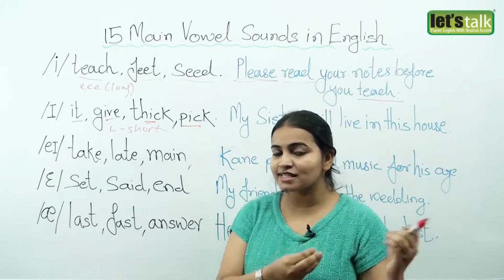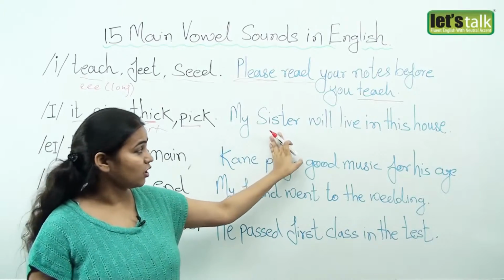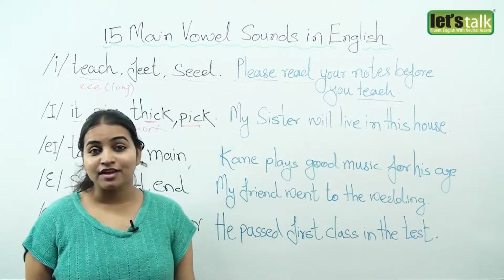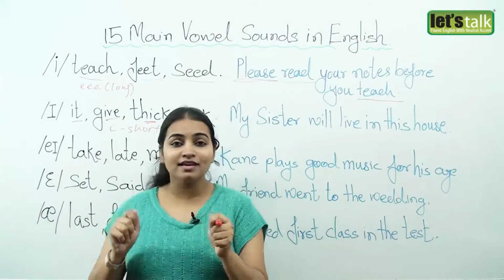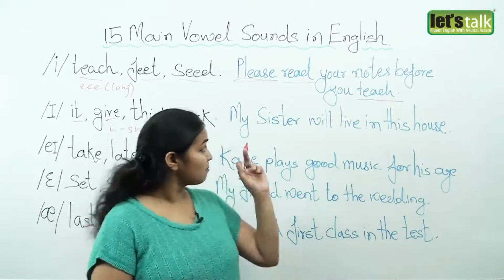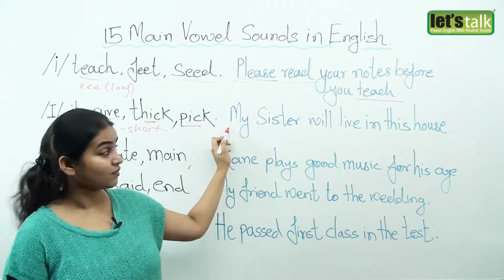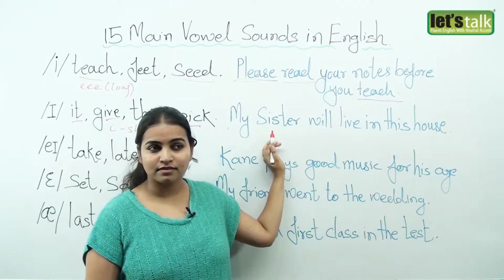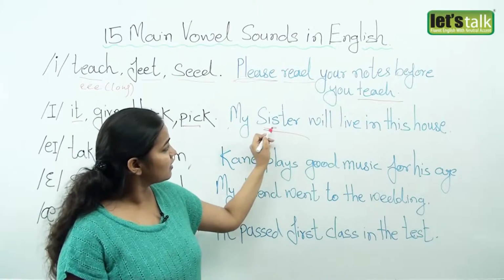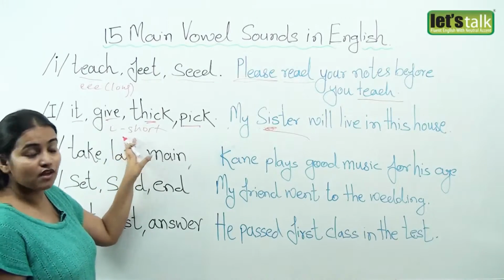Moving on to a sentence that we've got, for example, which is my sister will live in this house. Well, if you've kind of caught on to the I sound, you will identify the I words correctly. My first word, my. I don't think this has got the I sound, is it? Sister. Did I just say sister? Yes, I did. So the I part of sister definitely has the short I sound that I just spoke about.